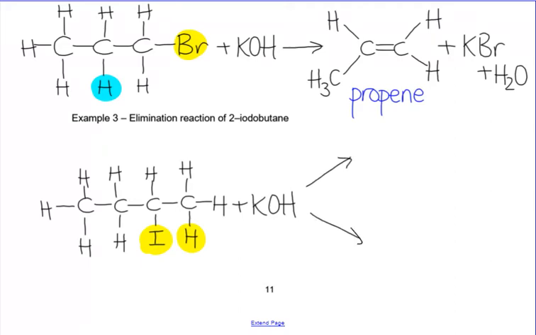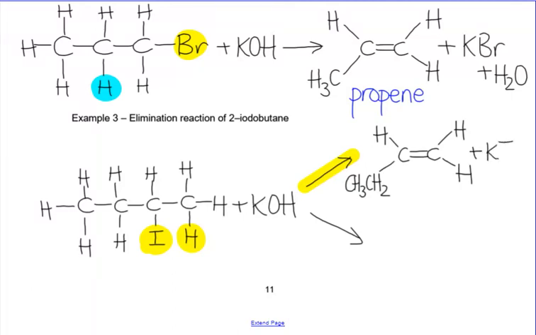This first answer, where we're eliminating the hydrogen on the right, is going to lead to our double bond at the end, two hydrogens and then a hydrogen and an ethyl group, CH3CH2, plus KI and H2O.